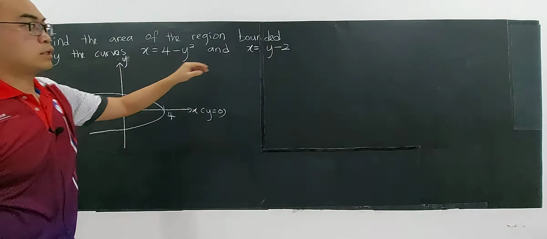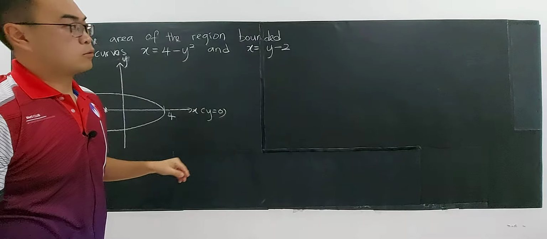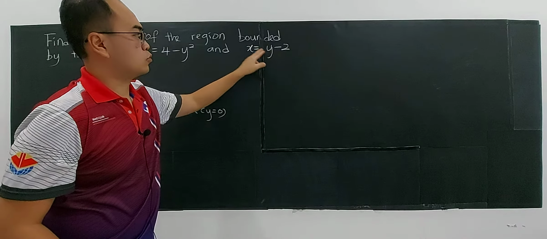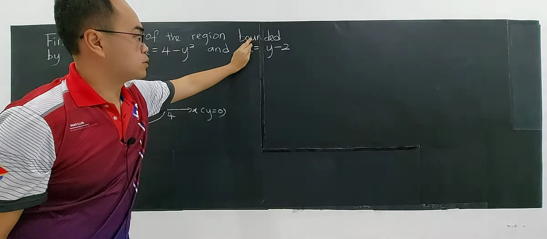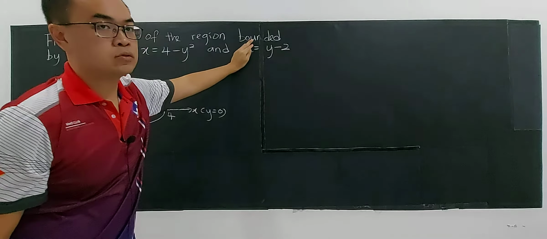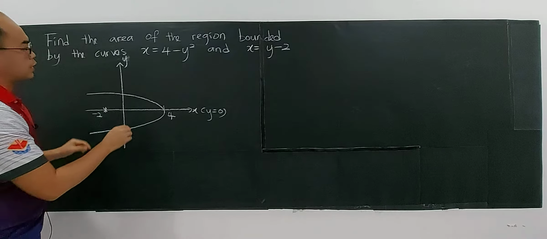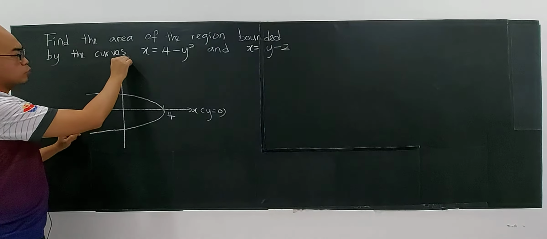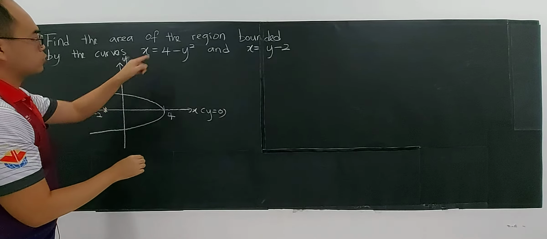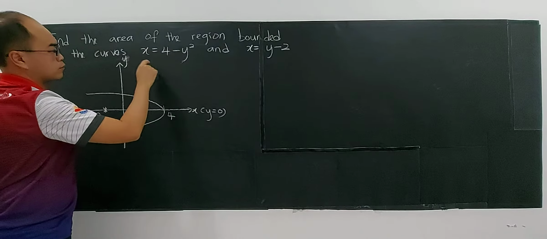How about the y-intercept? The y-intercept will be positive 2, because for the y-intercept, x will be 0, so y will be 2. They are intersecting at 2. I also know this graph intersects the y-axis where x is 0.